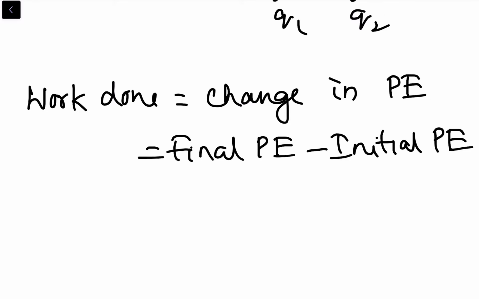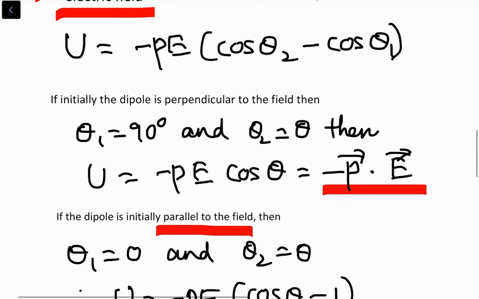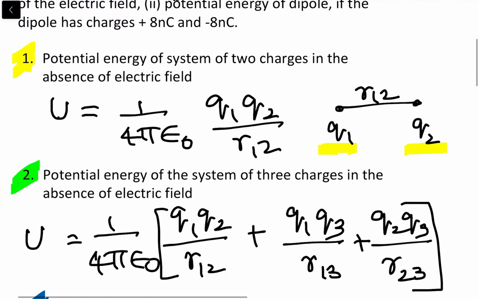I have already given the formula here. The first formula is 1 by 4 pi epsilon naught q1 q2 by r12.